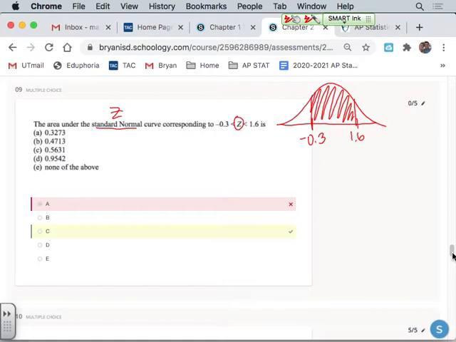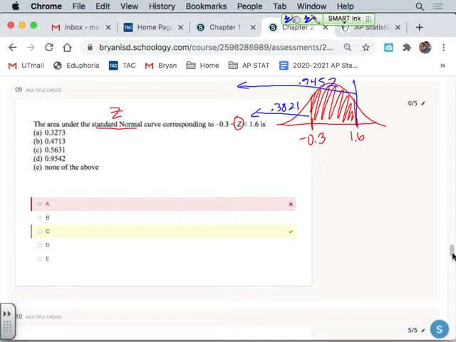So what you do is, I can look it up, just to get our right answer here. You look up negative 0.3, 0.3821. So less than that is 0.3821. Less than 1.6, 0.9452, which is none of the above right now.